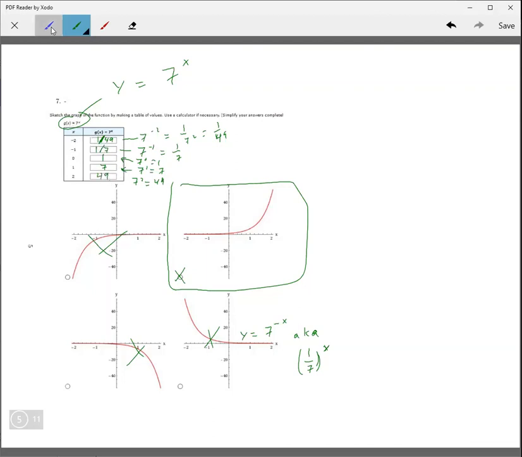So for example, if I look at this one, 0, 1, that should be right here. That should be the point 0, 1. That's really sloppy. Let me see if I can do better. 0, 1.